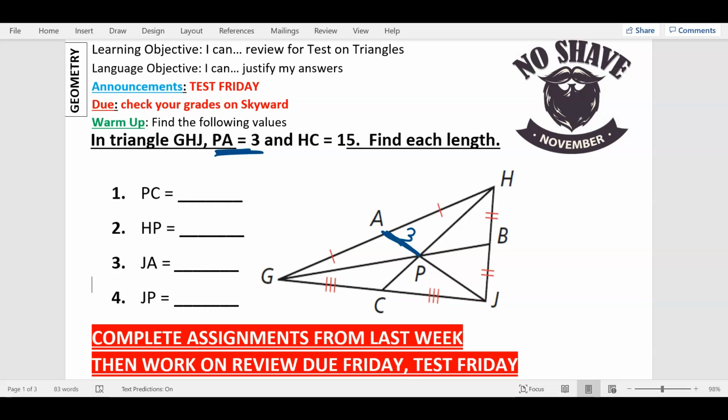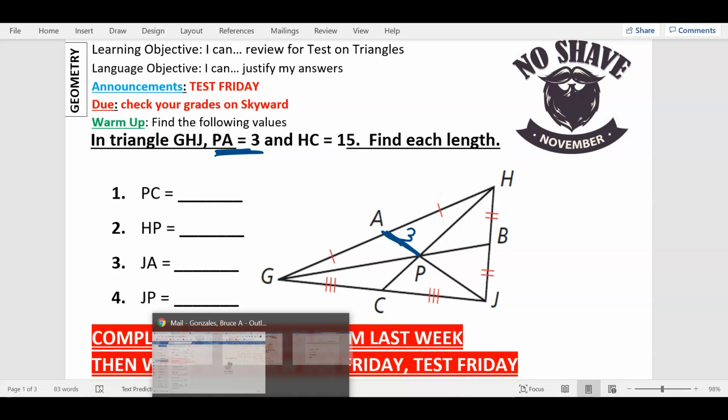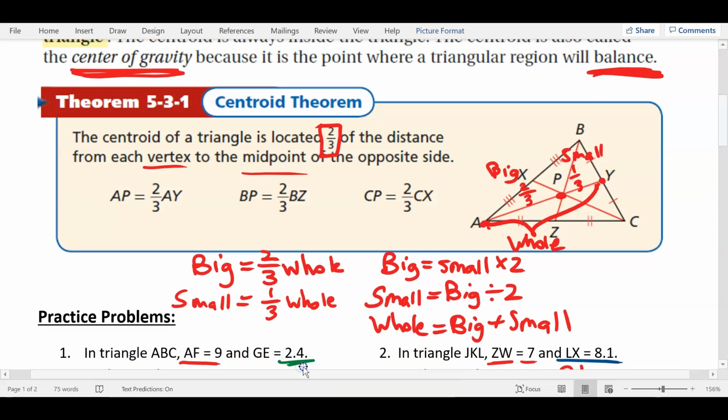Now, let me show you where that is on the notes. It's right here. The big part is the small part times 2. We wrote that in our notes. And then backwards, small part is the big part divided by 2. Okay. So let me pull this up.